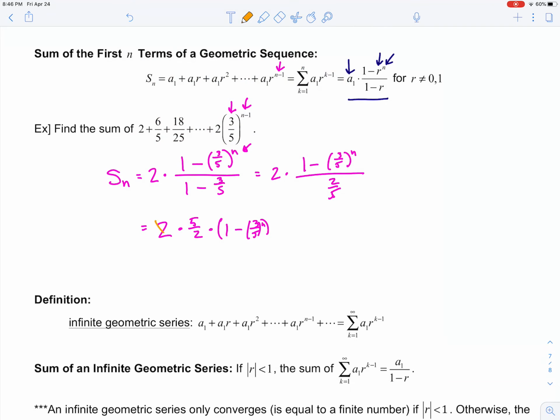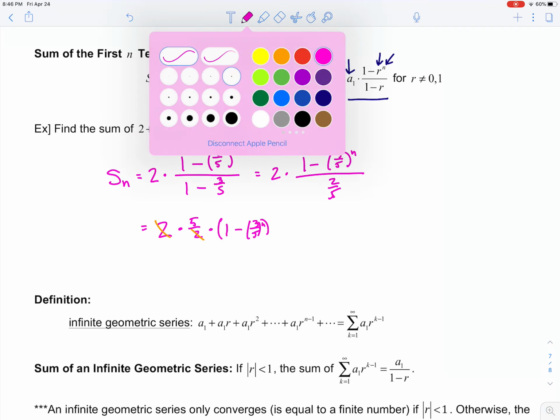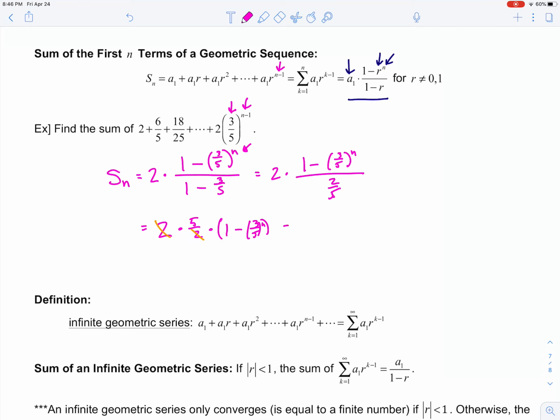So the 2's here cancel, right? So I guess this might be the best we can do as a simplified version. It's 5 times 1 minus 3/5 to the n power. By simplifying it, if someone said, okay, the first 10 terms, you could plug in 10 for n, right? But this just asks for, in general, the first n terms.